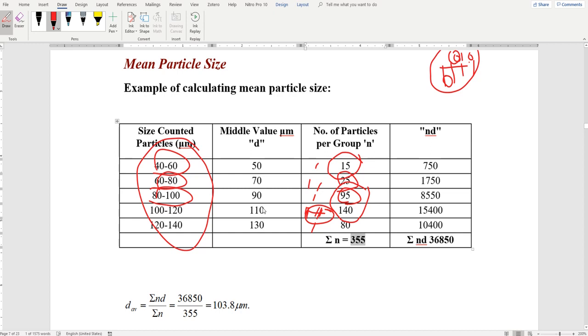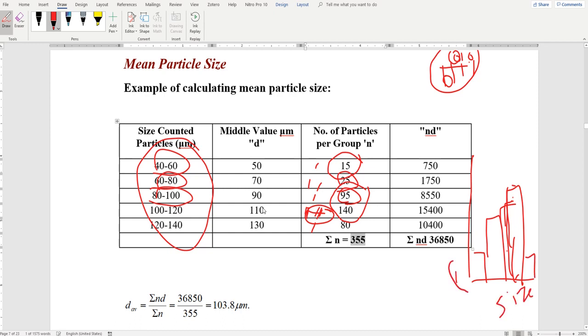I can draw a bar graph and say, okay, here is the size and here is the frequency. I can do that to present the data, but I can also measure the mean size. How can I measure the mean size of these particles?